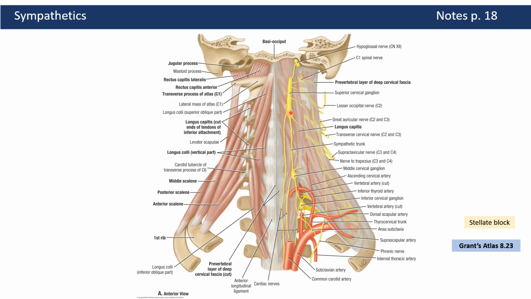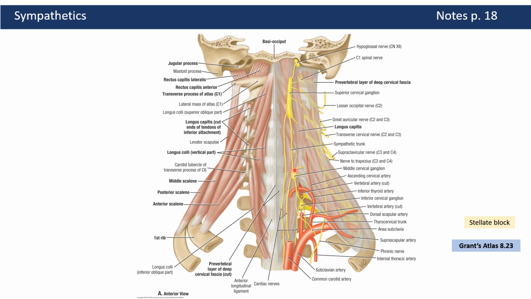It's the superior extent of the sympathetic trunk, posterior to the internal carotid artery, and it sends branches to the internal carotid artery, for instance, and the external carotid artery to form plexuses to get to targets in the head. It also sends the superior cardiac nerve back down towards the cardiac plexus.